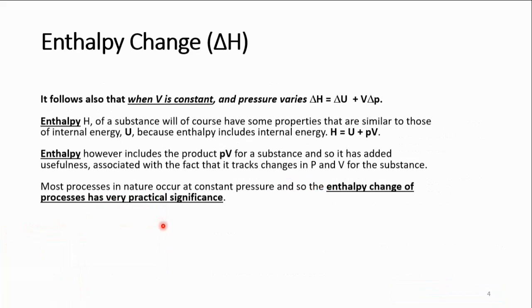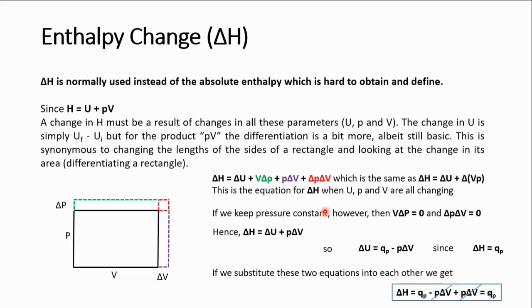Now, it follows also that when the volume is constant and the pressure varies, delta H is equal to delta U plus V delta P. Because if the pressure is constant, then this part will be 0. So let's go back here.